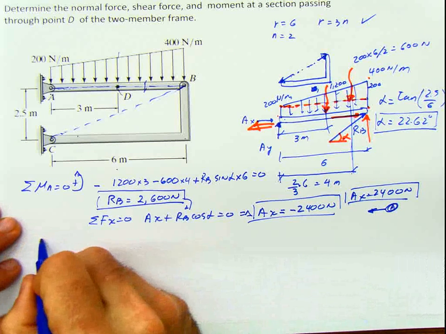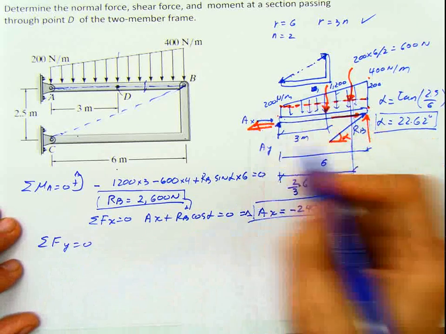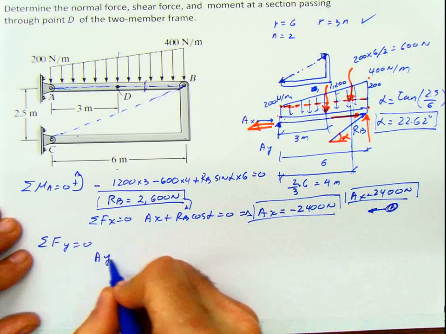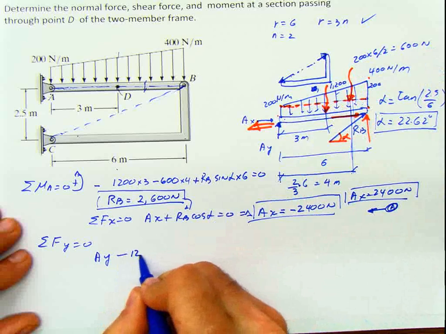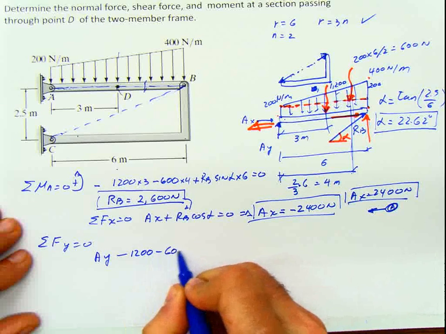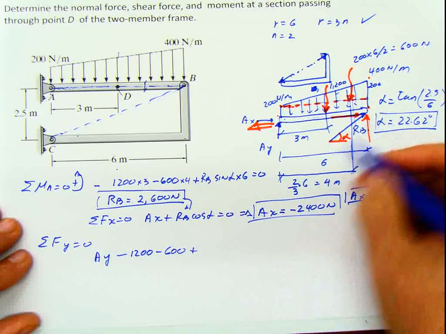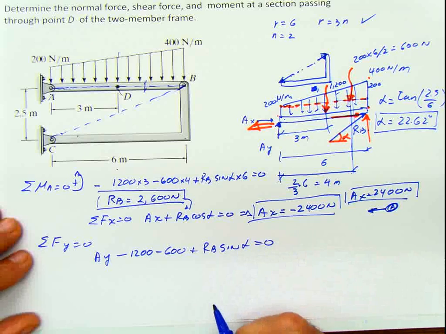And if I do summation of forces in Y equals 0 in the same section, then we have AY minus 1200 minus 600 plus RB sine of the angle equals 0.